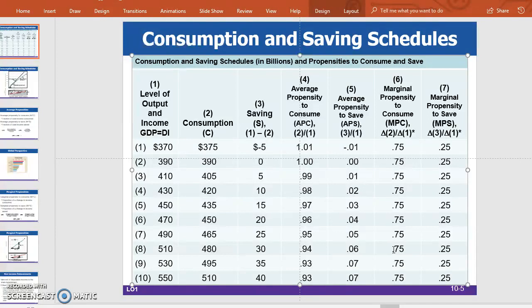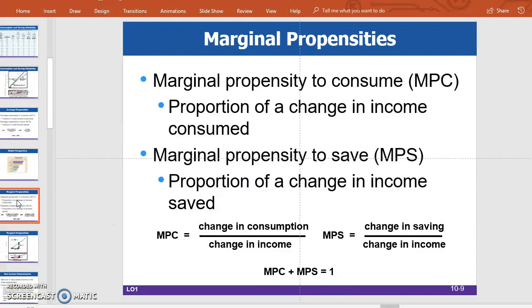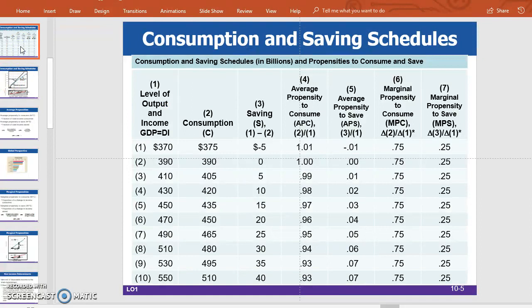Alternately, for MPS, if income increases by $1, savings will increase by $0.25. And this is also true by definition: MPC plus MPS equals 1. So you add them, they will always be equal to 1. In this case, we can verify this from the table: 0.75 plus 0.25 is equal to 1, right?